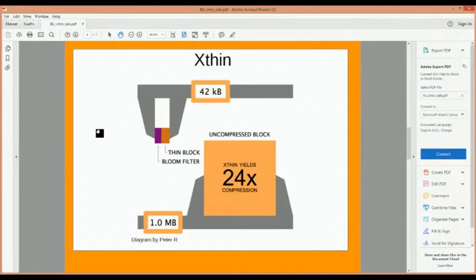We've had this feature released for several months now, since March or even before. And on average, we get a 24 times compression. So a 1 megabyte block becomes 42 kilobytes on average.